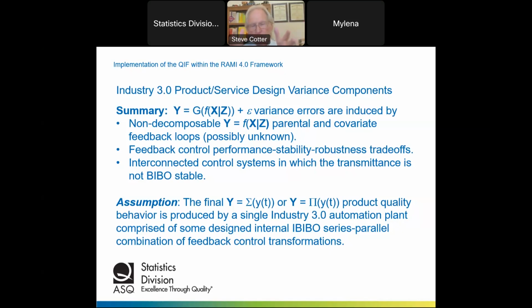So each facility was building a unit of performance that was then combined into the final unit of performance. And that's one of the differences between Industry 3.0 and Industry 4.0.